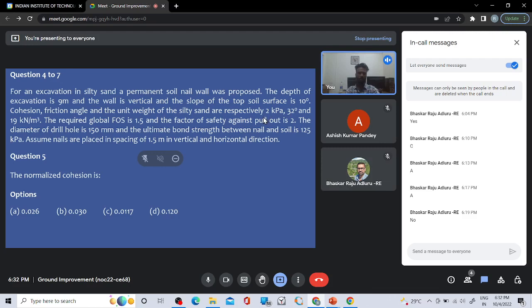Normalization is, in vague terms, making it dimensionless, but the purpose is also to solve the question, so how do we come up with the formula? This is 2 kPa, how are you going to normalize it?